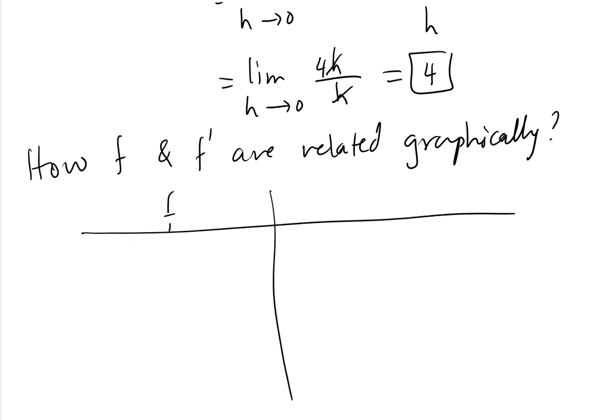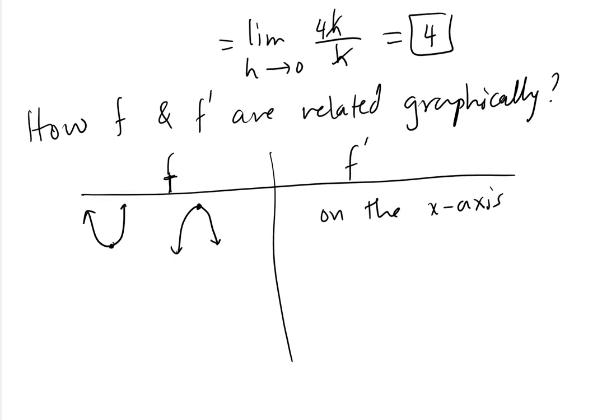This is the graph of the function, and that's its derivative. If the graph of the function goes this way and has a minimum point or a maximum point like that, then the graph of its derivative at that point will be on the x-axis.